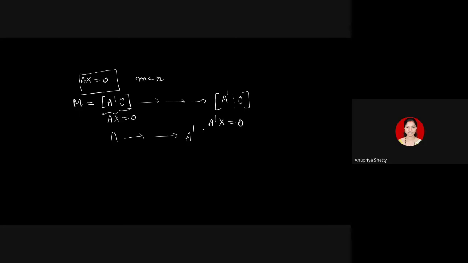There is no change in B or B dash. It is 0 still. That's why I said you don't have to form the augmented matrix and apply row operations. It's your choice because even if you add this last column or don't add, that column will not change. It will be 0 here. It will be 0 there also. Okay. So just start with A and apply row operations. So A dash is in the row echelon form now.